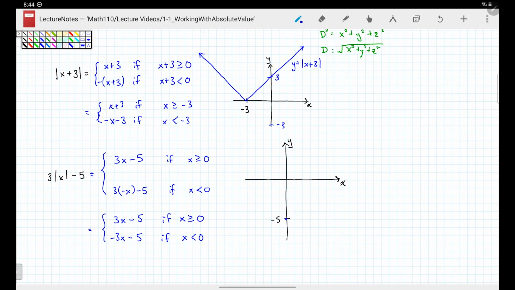So it's going to start here and have a slope of 3. I'm actually going to use my straight edge tool here. Like that. Okay. And if x is negative, we're going to have the same y-intercept and slope of negative 3. So I'm going to go like this.